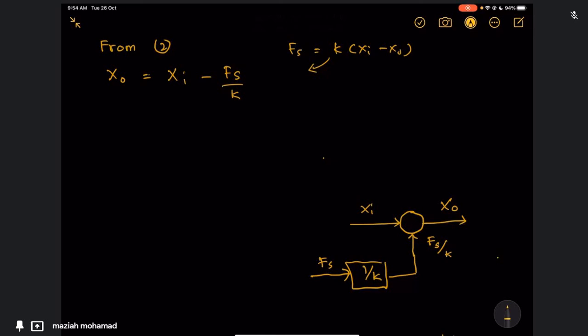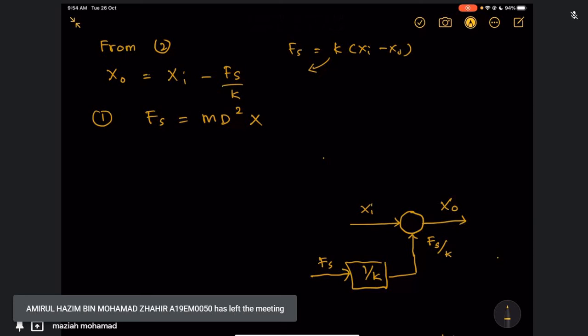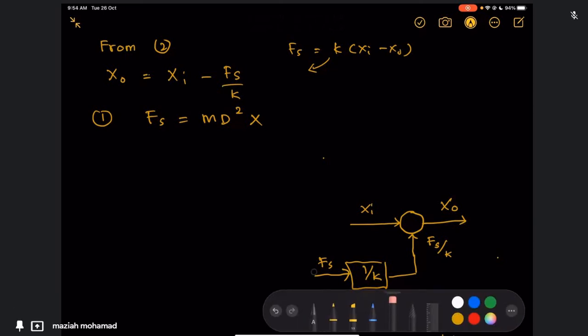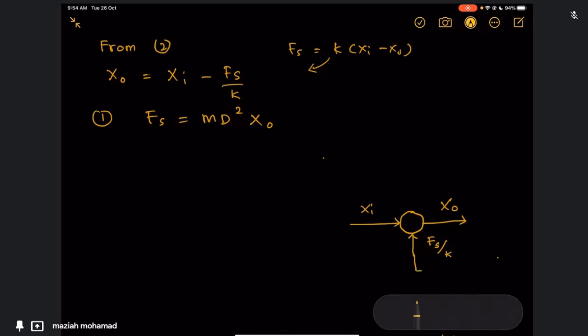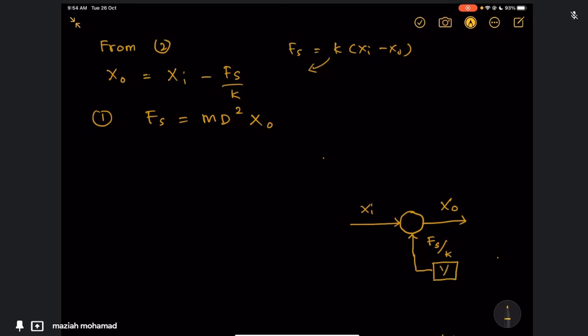So the input to the arrow is fs. From equation number 1, let me write again: fs is equal to md square x naught.